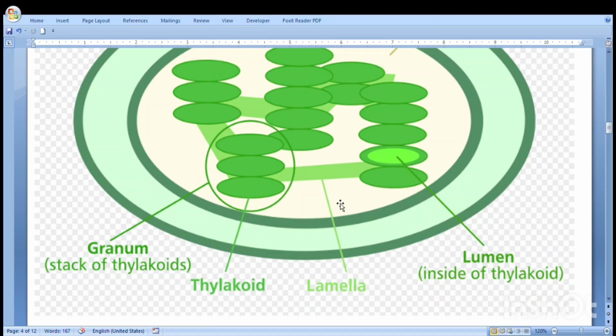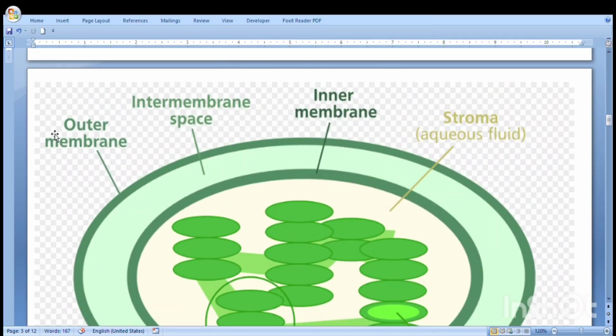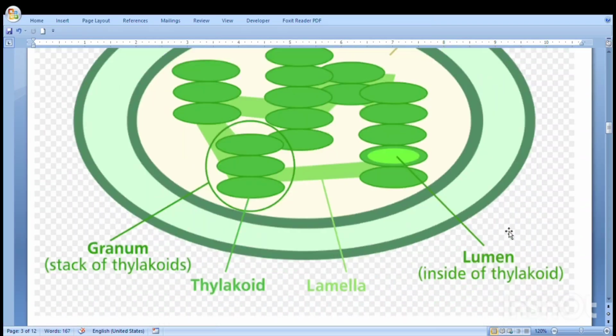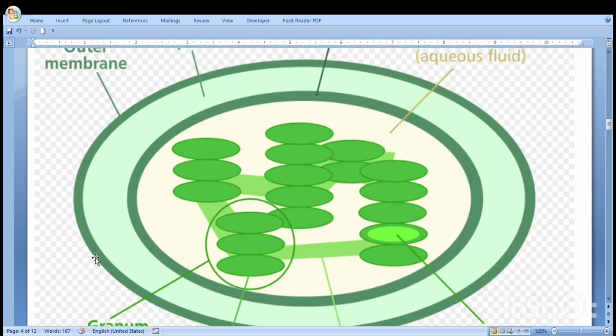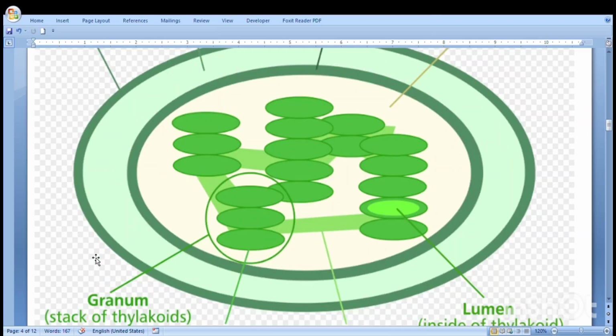So the outer membrane, this green color membrane present in the chloroplast, is considered as the outer membrane. This is a smooth outer layer that allows small molecules to pass. Got it?